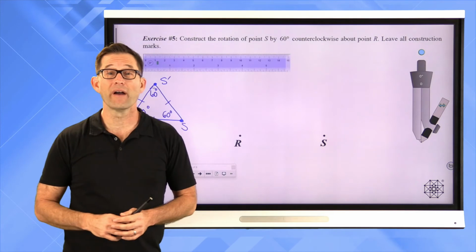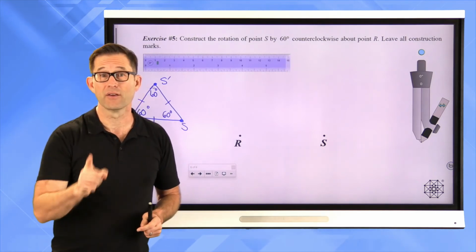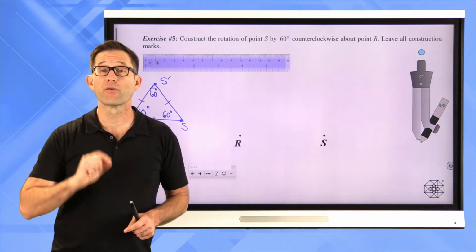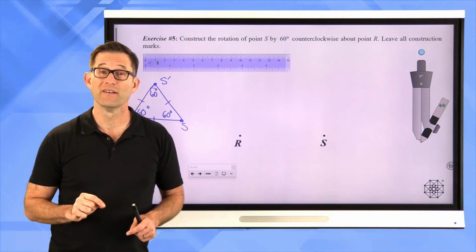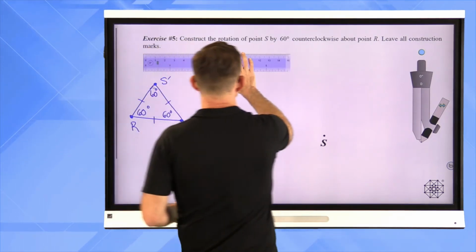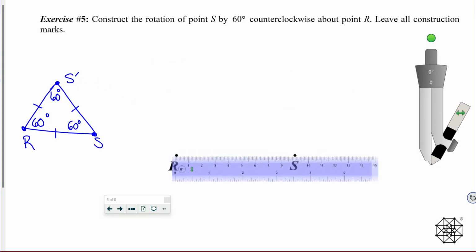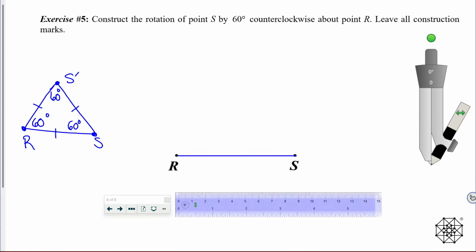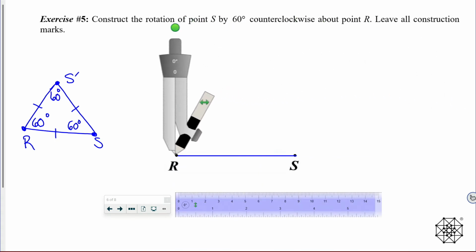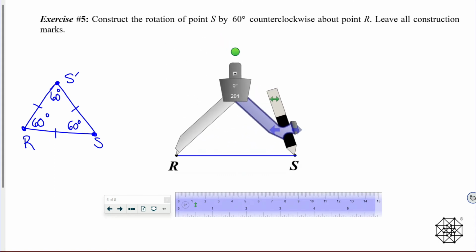Now, equilateral triangles are literally, look back in your notes, the first construction we learned how to do. And they're simple, because in equilateral triangle constructions, all I'm really looking to do is create a 3-sided figure that has all the same lengths. Now, I don't actually even have to draw that segment in, but it's kind of helpful to see it.